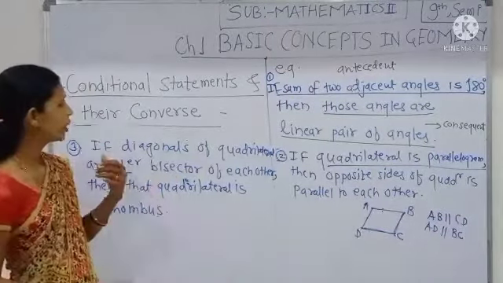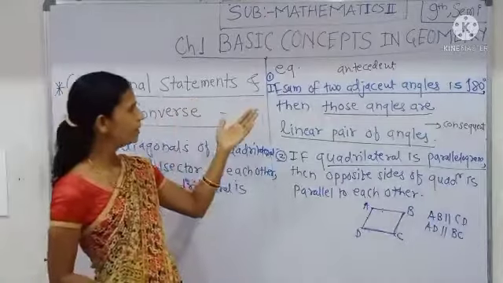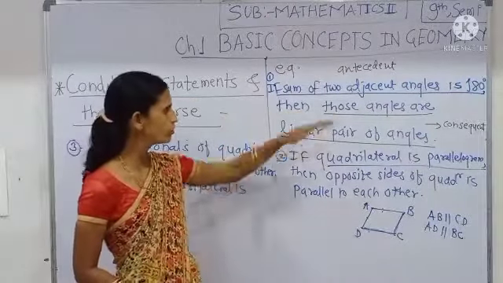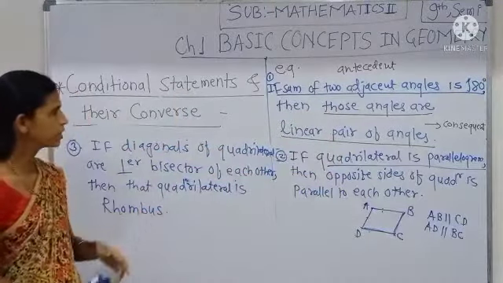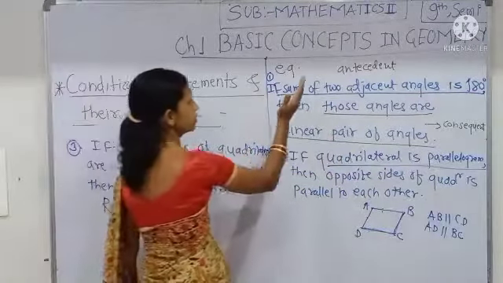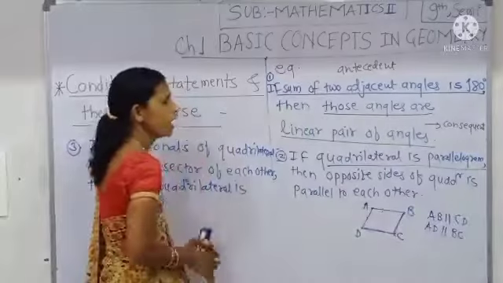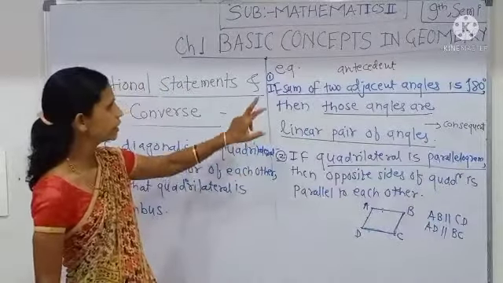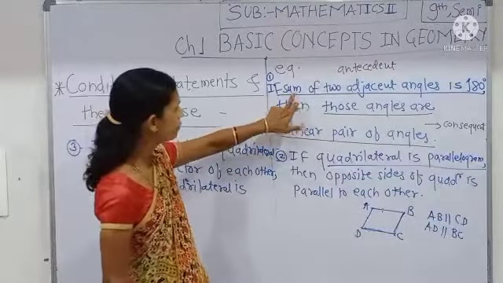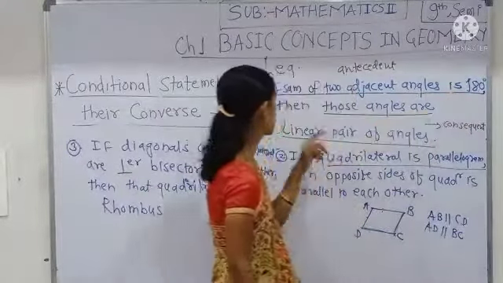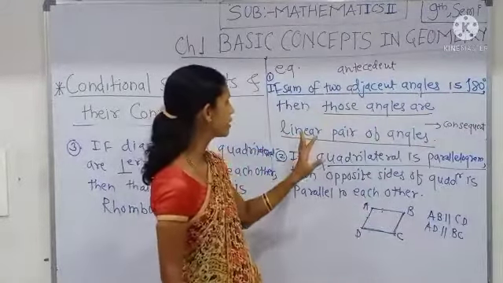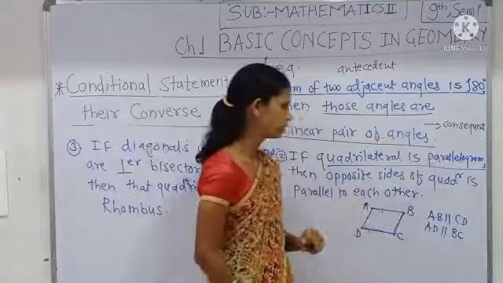Then we are going to write a few converses of the given conditional statements. The first conditional statement I have written here is: if the sum of two adjacent angles is 180 degrees, then those angles are a linear pair of angles.